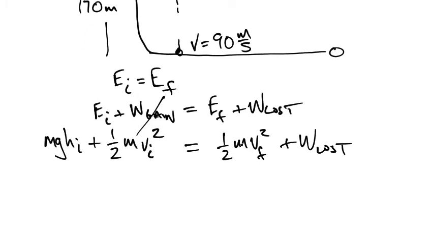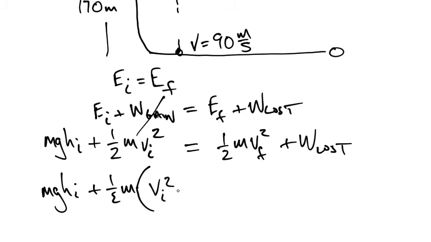So, to find our work lost, we simply take this term to the other side, and we get mg hi plus 1/2 m, and I can factor out the 1/2 m from these two terms, vi squared minus vf squared. And that's going to be W lost.